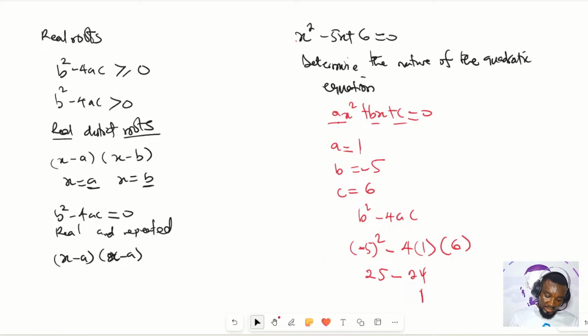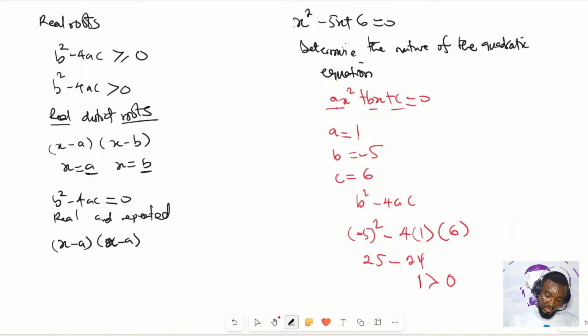So we ask ourselves, is 1 greater than 0, less than 0, or equal to 0? 1 is greater than 0. So what will be the conclusion on this? We can conclude that since 1 is greater than 0, the quadratic equation has which type of roots based on what we just learned? We said when it's greater than 0, it has real and distinct roots.